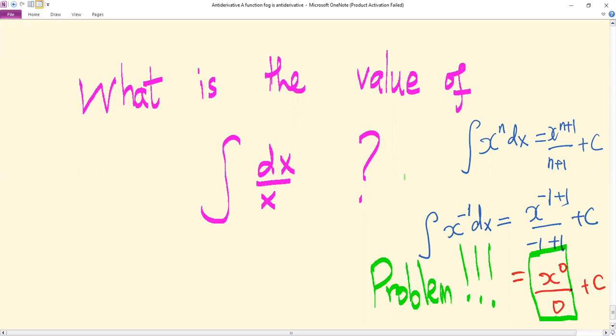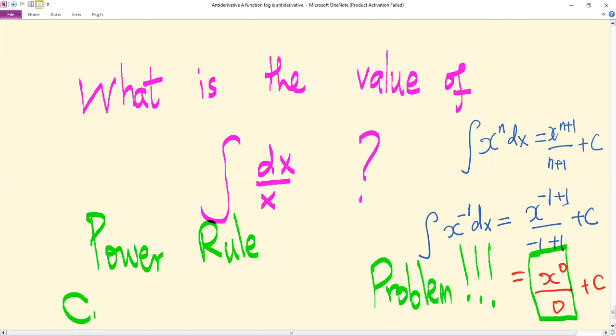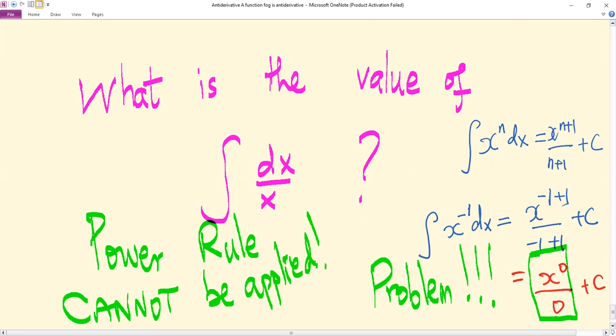So the power rule cannot be applied here. Power rule cannot be applied to this problem. Now let's see how to solve the problem.